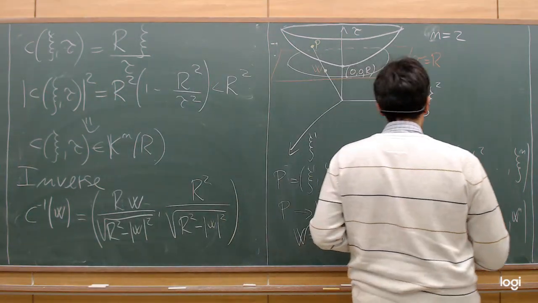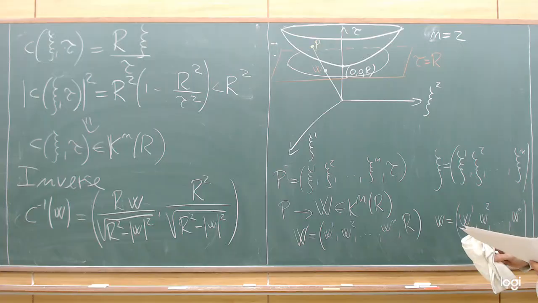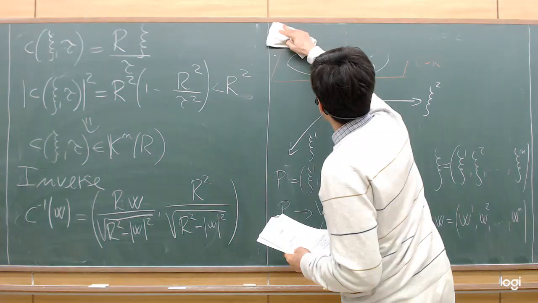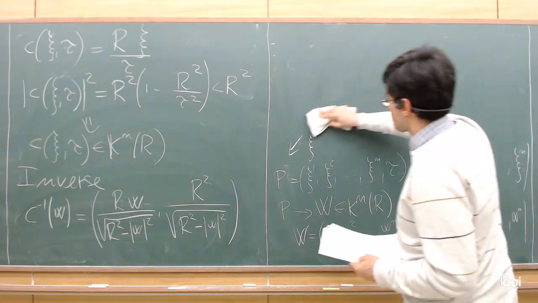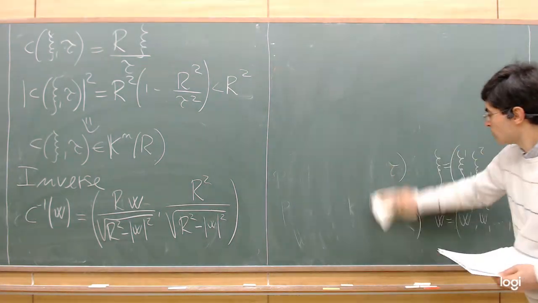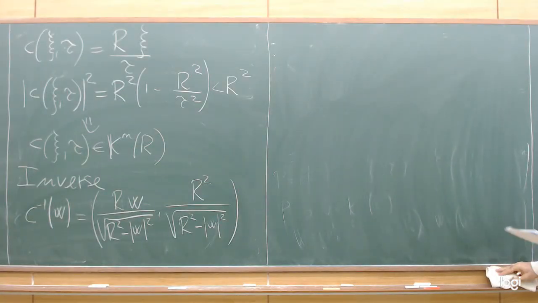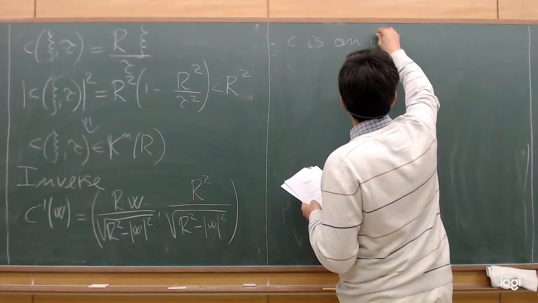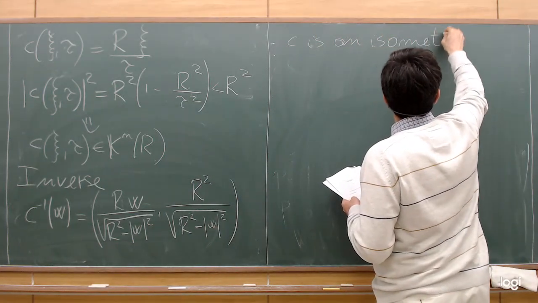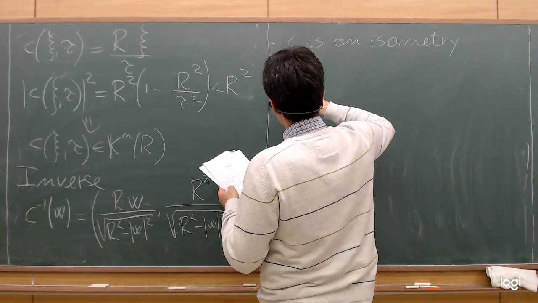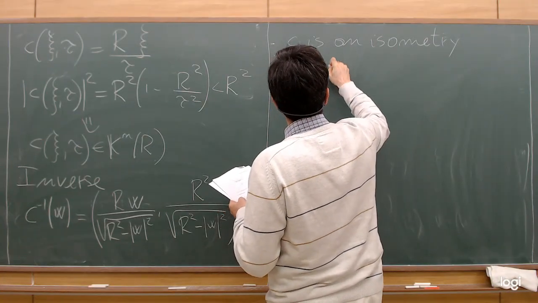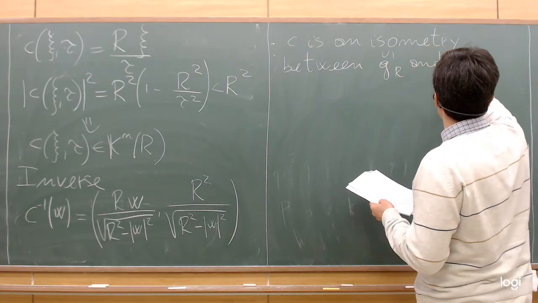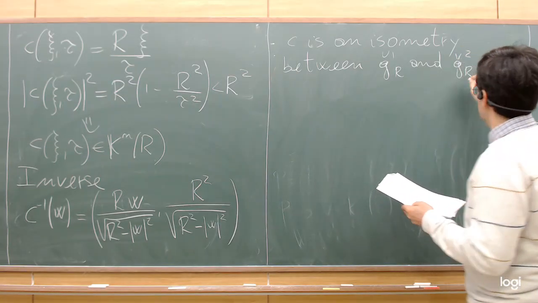It remains to prove that it is an isometry. So C is an isometry between G_1^R and G_2^R.